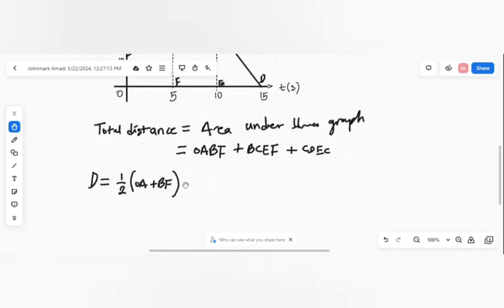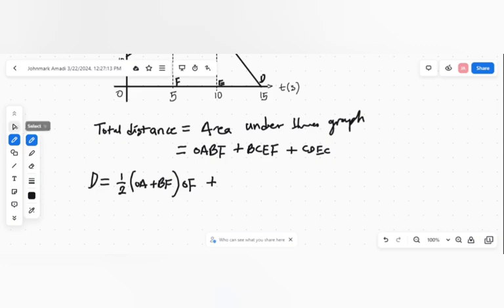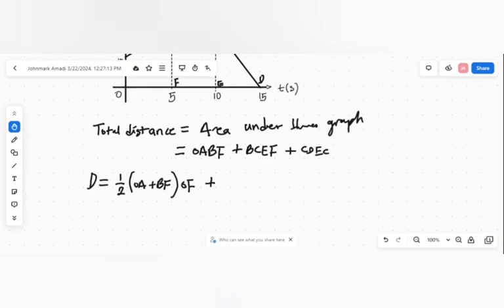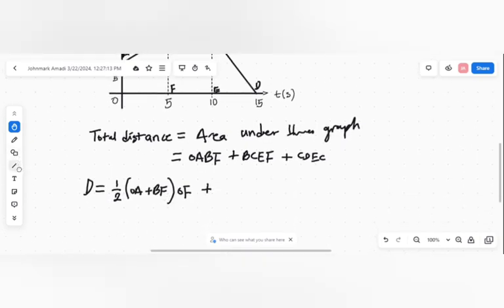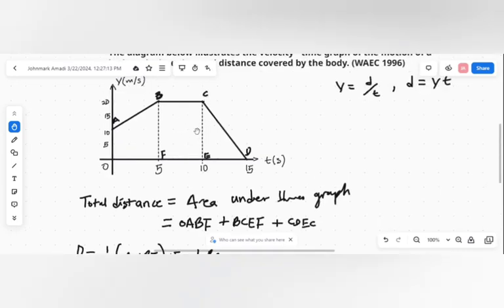Let me just write OF here first. OF, plus the area of a square. Which square are we talking about? Plus the area of that square, BC times what?